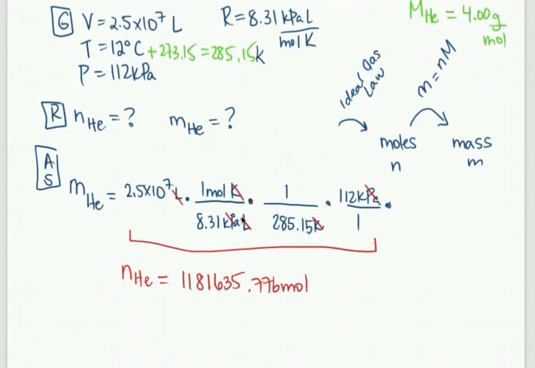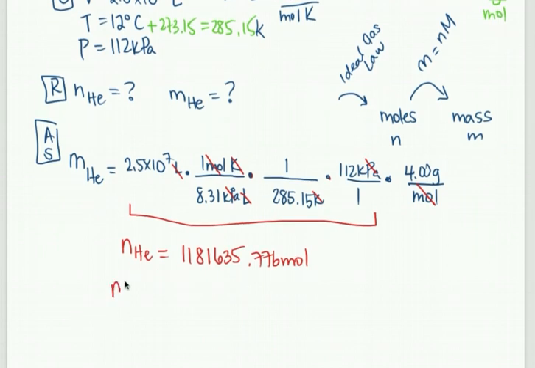We have moles right now and I want grams, so I'm going to stack this way. Moles is at the bottom, so I can now cancel out the moles to get to the mass. I'm going to multiply my previous answer by 4, and then I will get the mass of helium to be this.